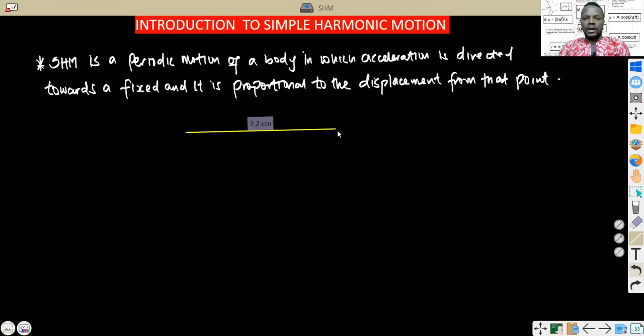You have a line. Here we also have a periodic motion, that is, what people call in early classes to and fro motion about its mean position.